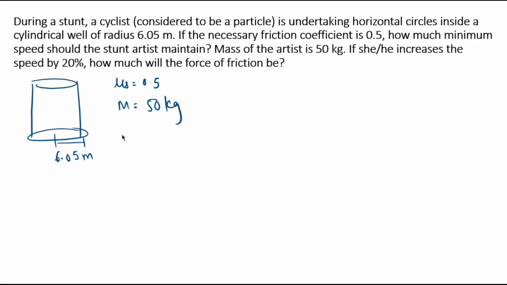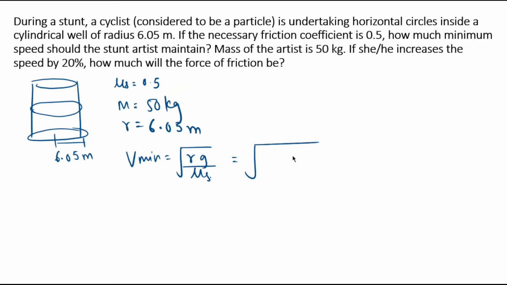Let's look at the first part of the question. So we have been given the radius as 6.05 of this cylindrical well, where the cyclist is riding his cycle horizontally. First of all, we need to calculate how much the minimum speed is for the stunt artist to not fall while riding the cycle horizontally in the cylindrical well. So we know that V minimum is given to us as root under Rg upon mu s.